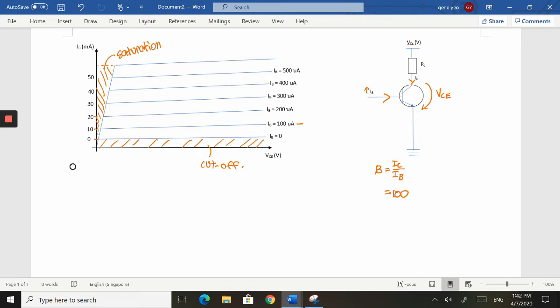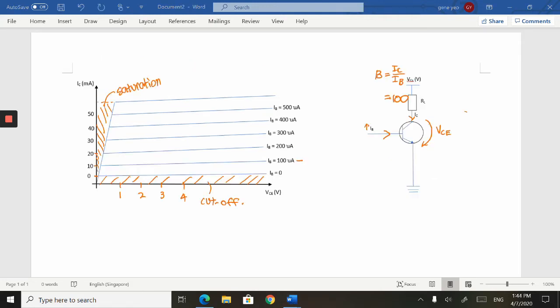So what's happening here? By right, if I increase my voltage at VC and therefore VCE increases, let's say 1, 2, 3, 4, and so forth, you should have an increase of your IC flowing down.